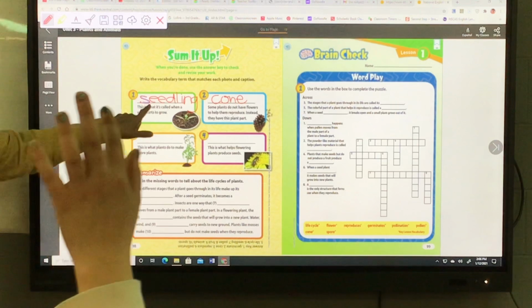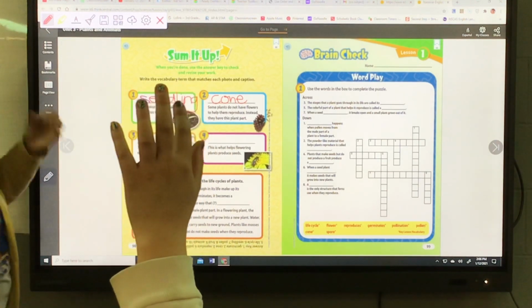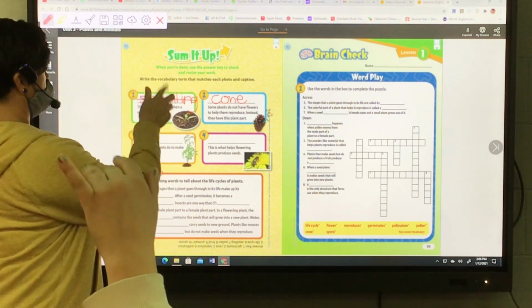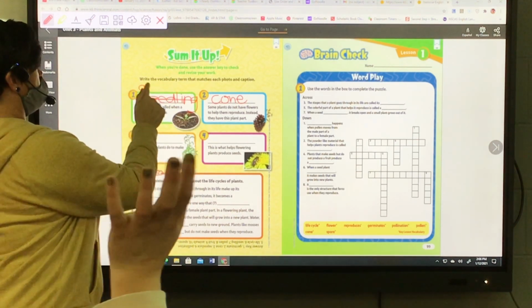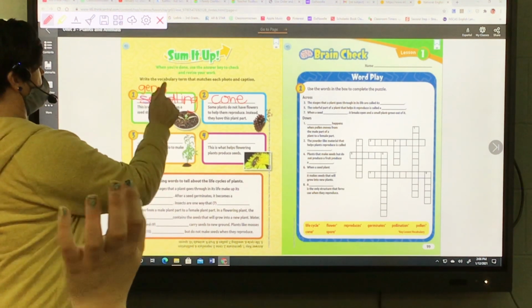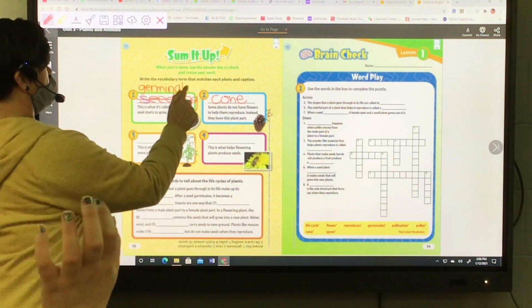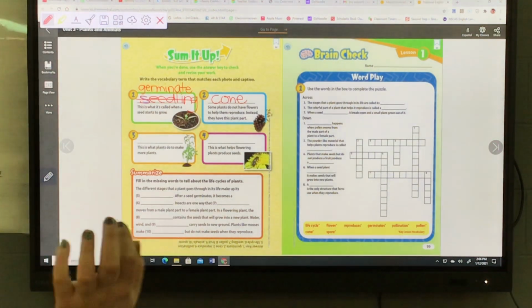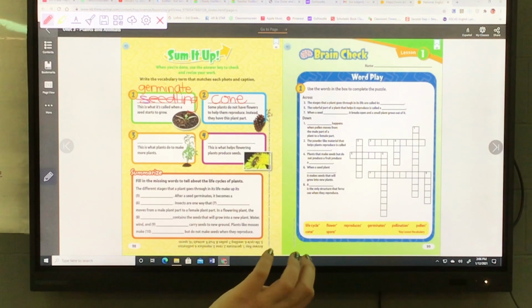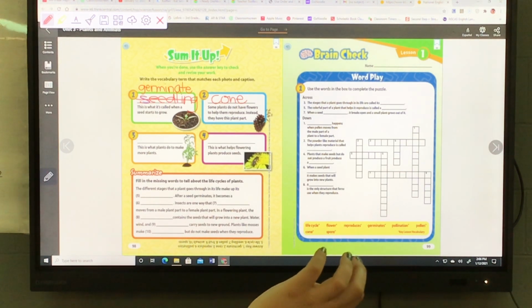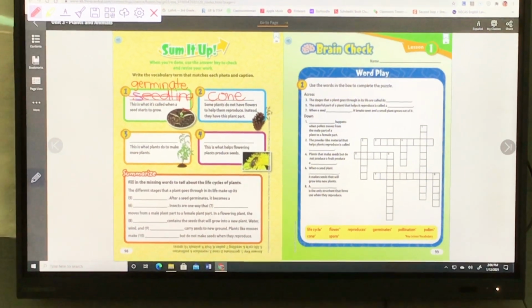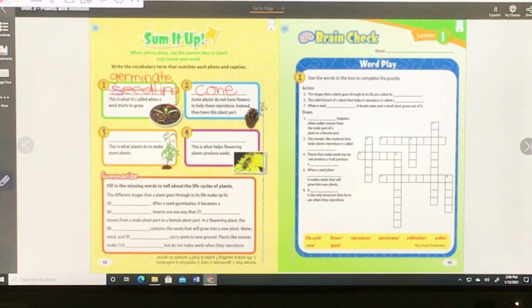Oh, actually, they wanted one of those. Hold on. When the plant starts to grow, it starts to germinate. I think they want us to use those highlighted vocabulary words from page 92. Sorry about that. It would be kind of helpful if they use vocabulary words. Well, it does say write the vocabulary term.